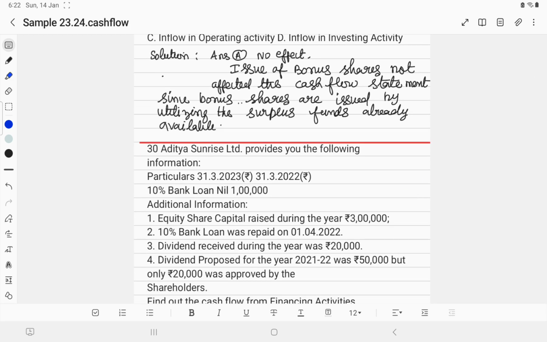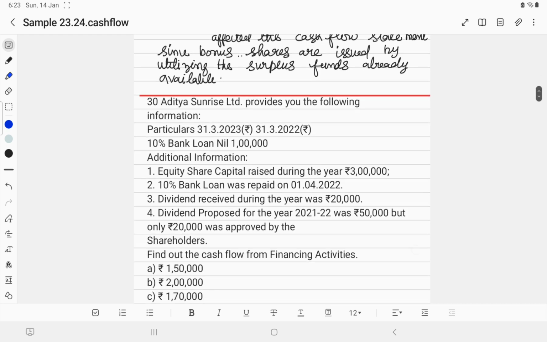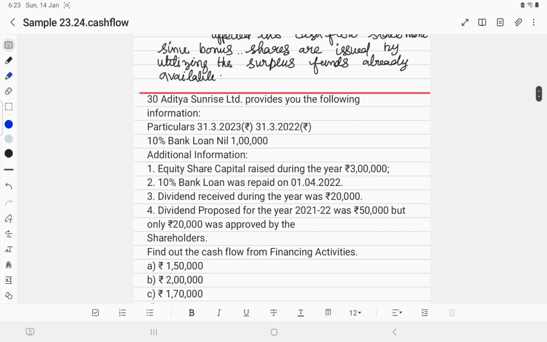Question number 30. Aditya Sunrise Limited provides you the following information. Particulars as on 31/3/23 and 31/3/22. 10% bank loan: nil on 31/3/23 and 1 lakh on 31/3/22. Additional information. 1. Equity share capital raised during the year rupees 3 lakhs. 2. 10% bank loan was repaid on 1/4/2022. 3.